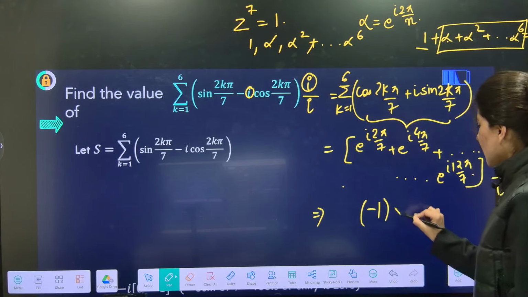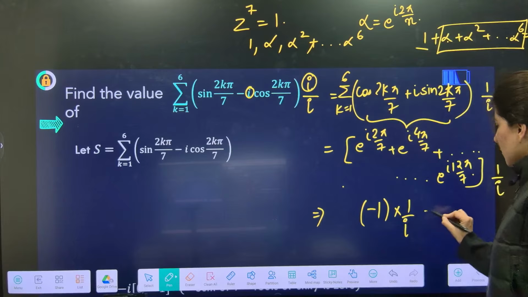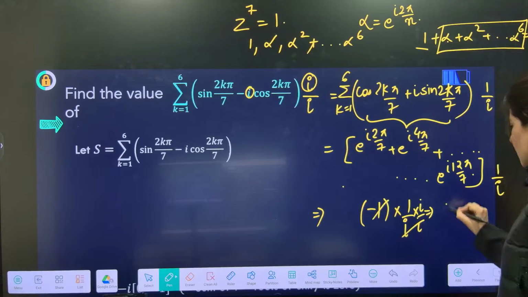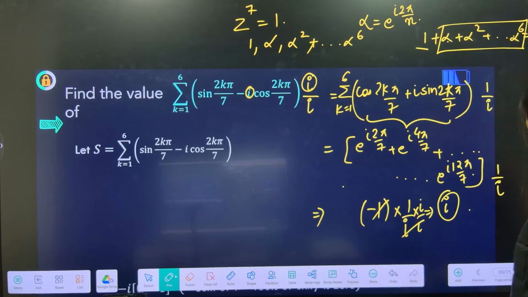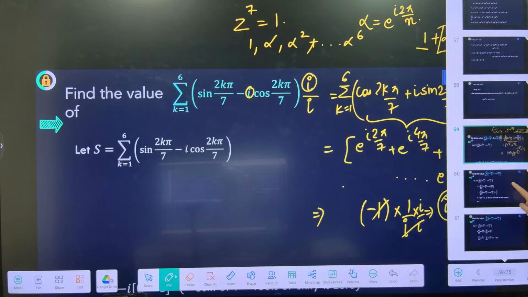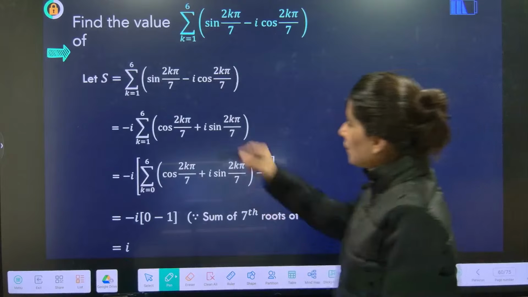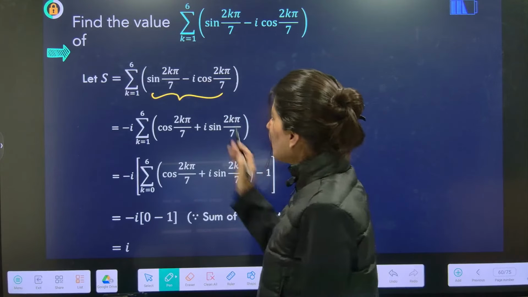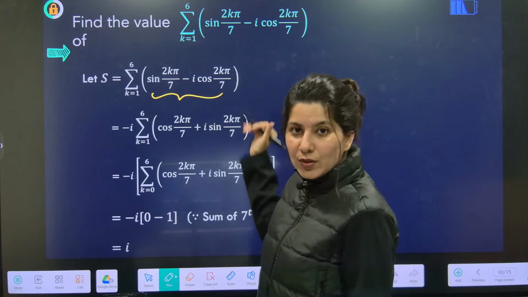And this is going to be 1 by iota. Now if you multiply iota by iota, this and this cancel, so iota is absolutely correct. Let me tell you what I was trying to do. First of all, this was already there, and I have multiplied iota by iota.